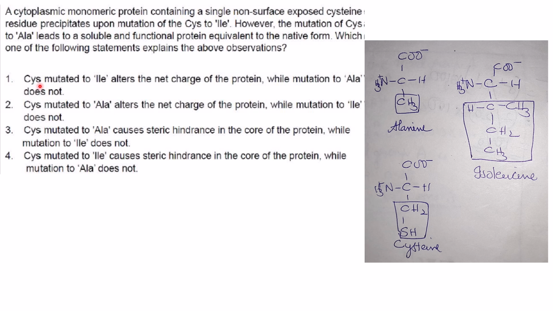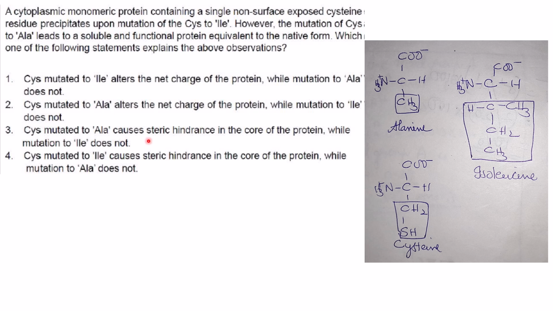So how will cysteine mutated to isoleucine alter the net charge of the protein? Not possible, so the first one is not correct. Cysteine mutated to alanine alters the net charge of the protein. Again the same thing repeated. Cysteine, alanine, isoleucine are all neutral amino acids, so they are not going to alter the net charge of the protein. So 2 is also not correct.